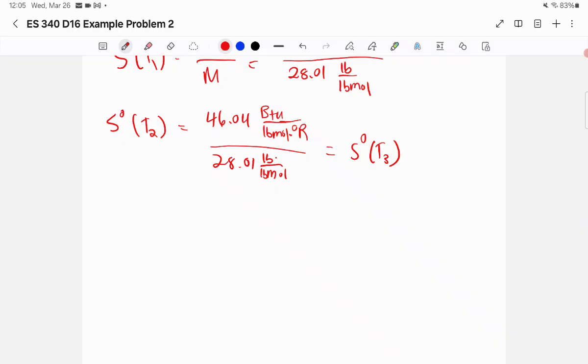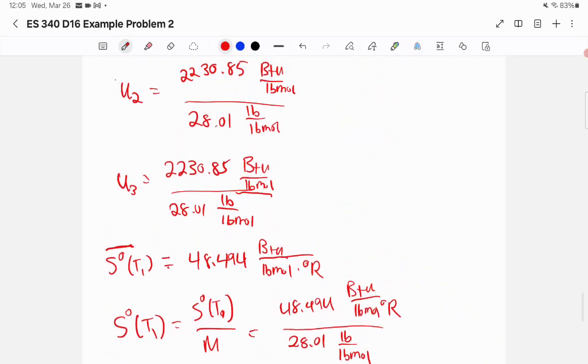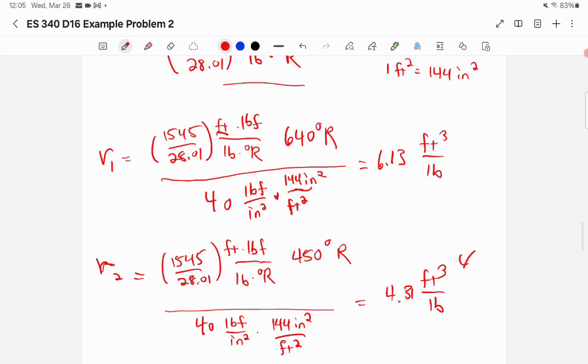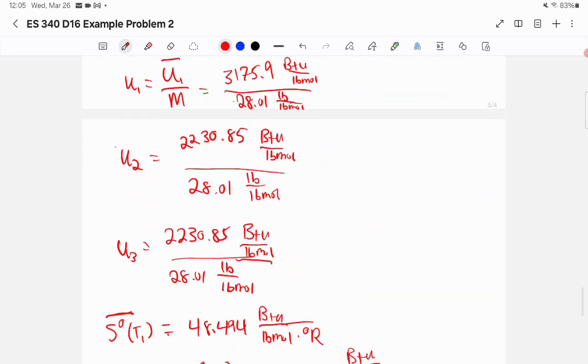Okay, very good. Now, the final thing is now that we have all of these values, basically just pulling everything together, which is easy enough, right?